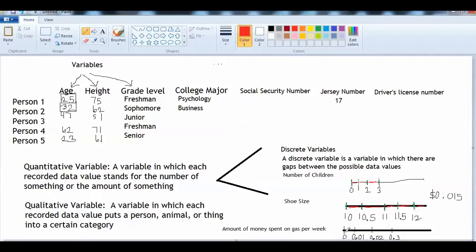So you wouldn't have any possible data values in here, or in here, or in here. The possible answers that we would get would jump from here to here to here to here.